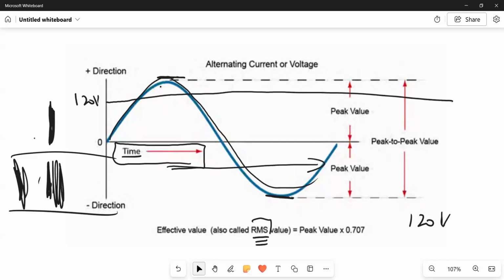The peak value sometimes is about 160, 170, right? But the root mean square value is what you get if you take a multi-tester and test your outlet.